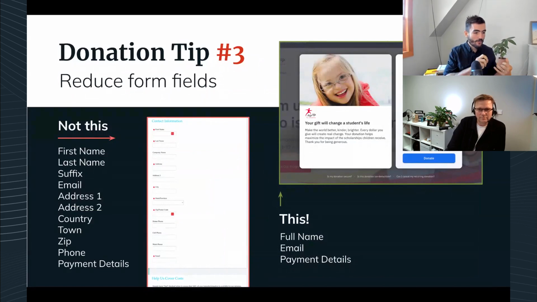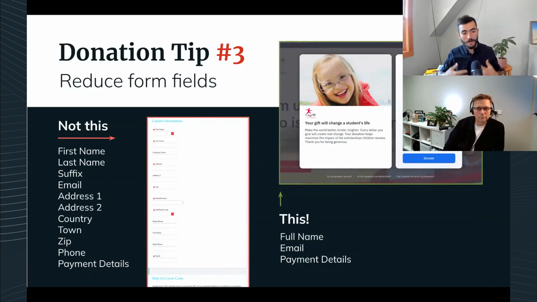So if you can find a way to limit the fields, you don't necessarily need to know the full address. You don't necessarily need to have their phone number. I talk to a lot of people who the second a site asks them for their phone number, they stop, right? So there's all these questions that you can probably eliminate.